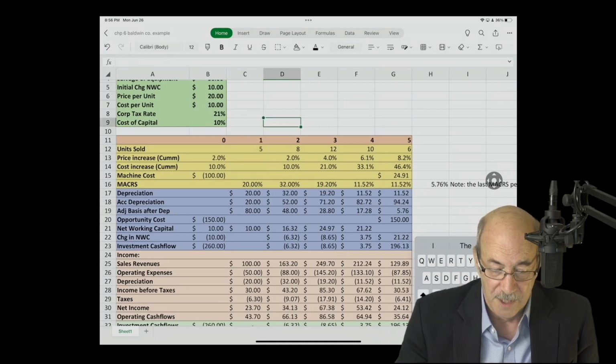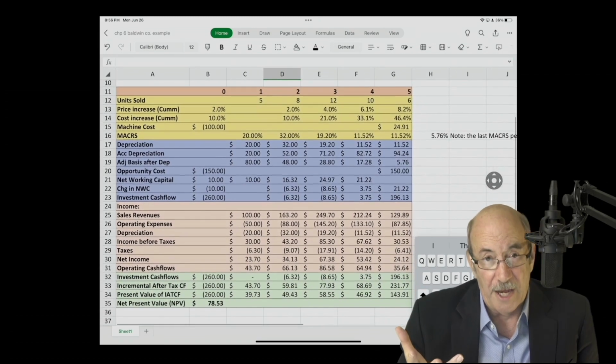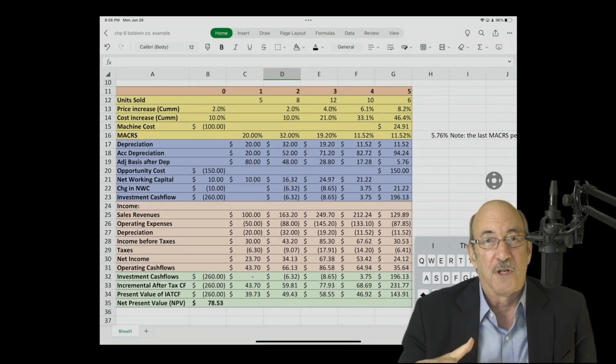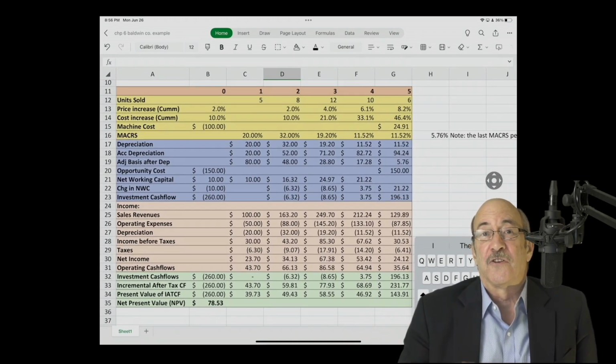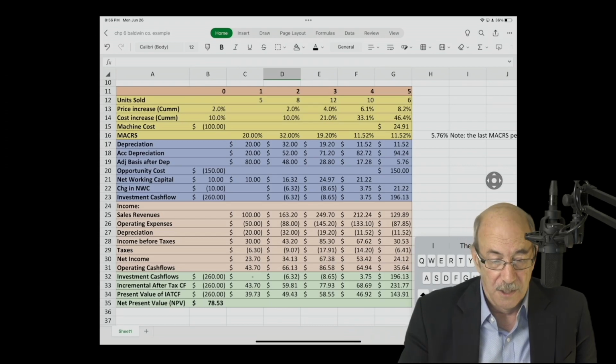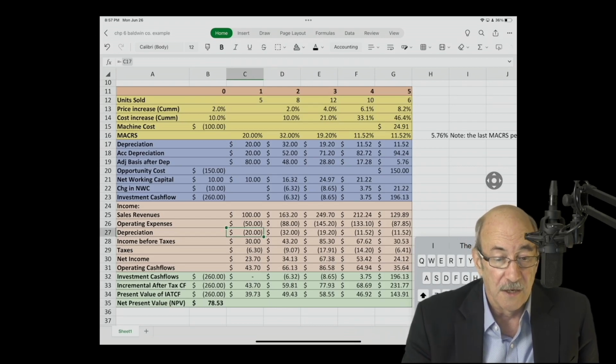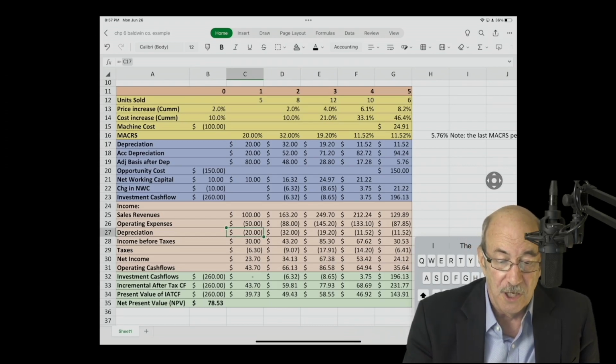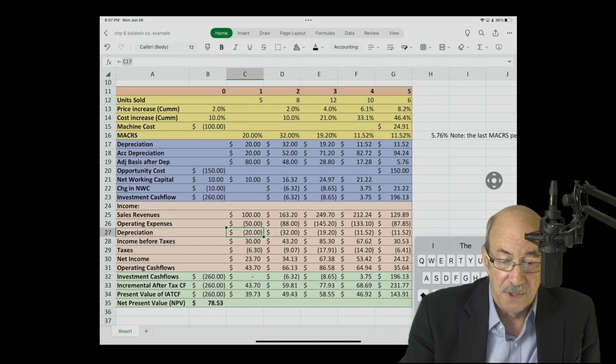All right. Depreciation, we've got to have it in there, even though it's not going to stay. We've got to have it in there so we can calculate our taxes, right? So depreciation, how did I do that? Well, I just referenced the cell C17, which is right up here.